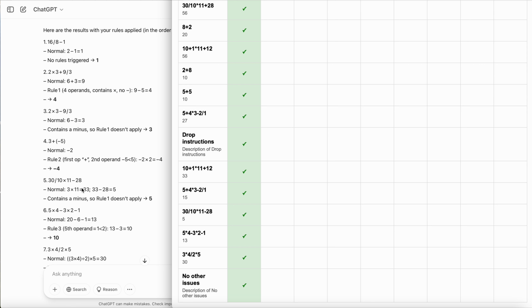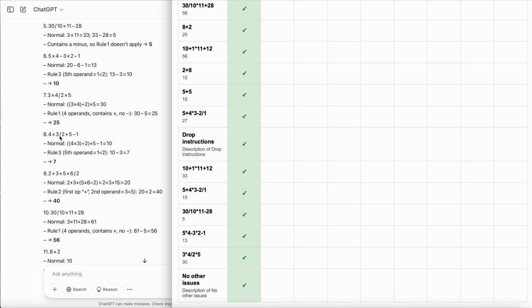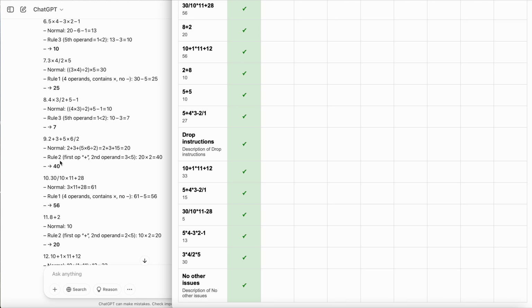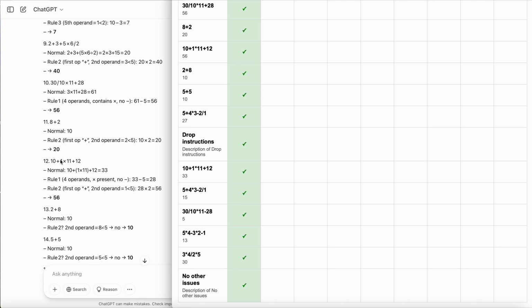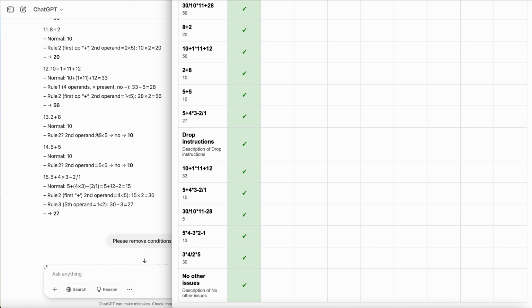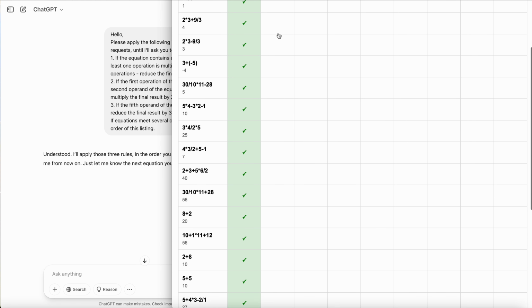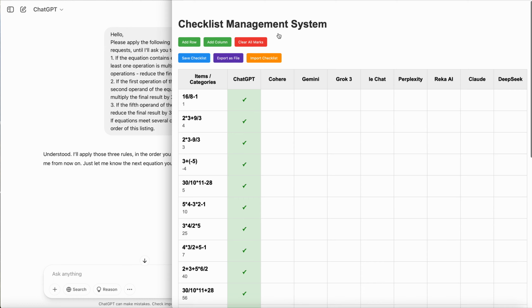Rule 2 applied, rule 3 applied, rule 1 applied, rule 3 applied, rule 2 applied, rule 3 applied, rule 2 applied, rule 1 and 2 applied. So mixing. No rules applied, no rules applied, rule 2 and 3 applied. You see, mixing is possible. So far, so good. ChatGPT.